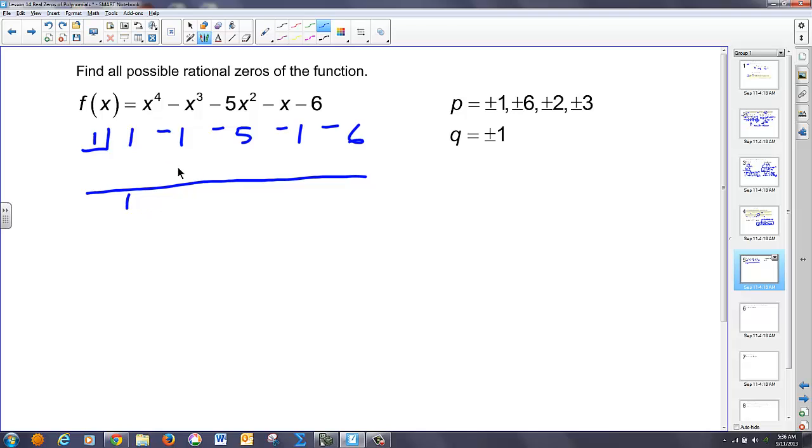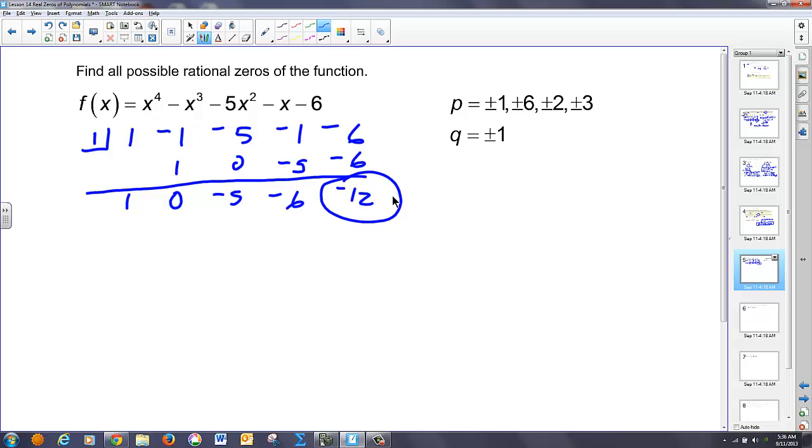So I go 1, multiply, get 1, 0, 0, -5, -5, -6, multiply -6, and I get -12.